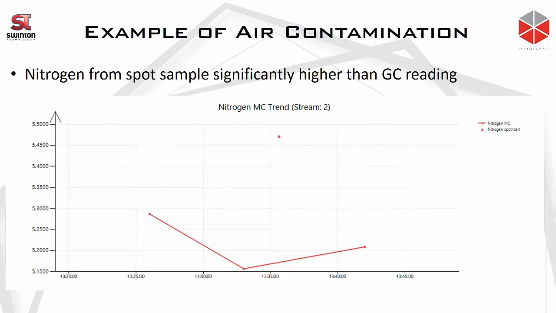This is one of the cases where there was a wrong procedure when the spot sample was taken. So basically we got a little bit of air contamination inside the spot sample, and it's shown by nitrogen taken from the spot sample having a significantly higher value than the average GC reading.